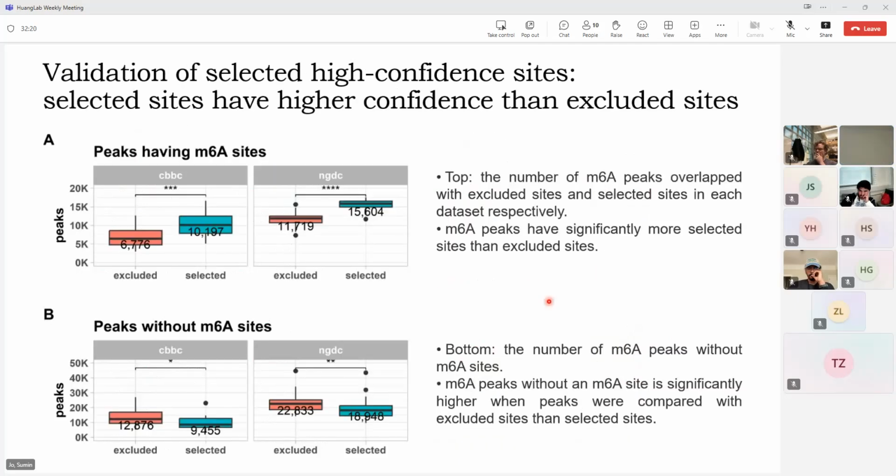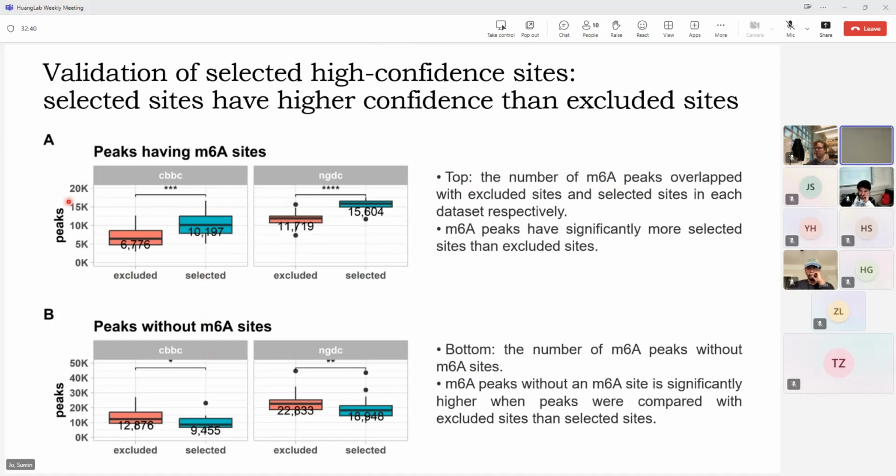In addition to those overall examinations, we also statistically overlapped the excluded sites and selected sites, to see whether they have more m6A peaks or more without m6A peaks.